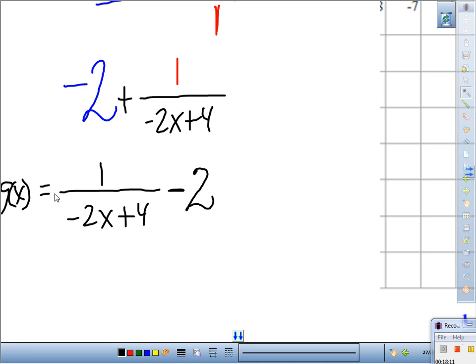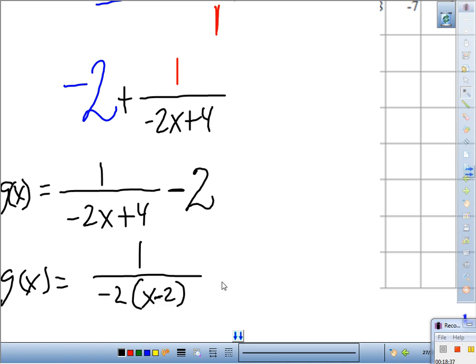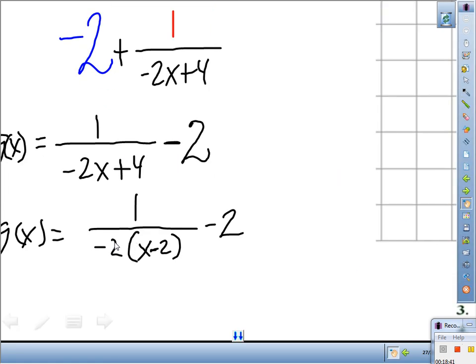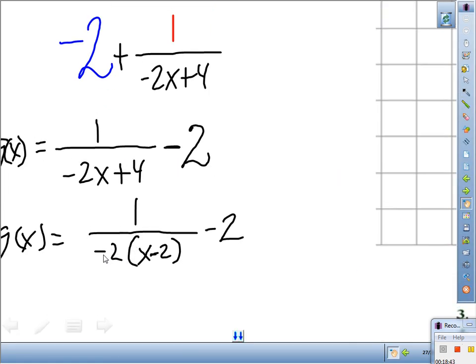However, do you see a negative on that fraction? Yeah, this one. But how can we get rid of it? Oh, I see. GCF here? Yeah. G of x equals 1 over -2 times x minus 2, minus 2. And now that we have it as a factor, now we can get this negative to the front.